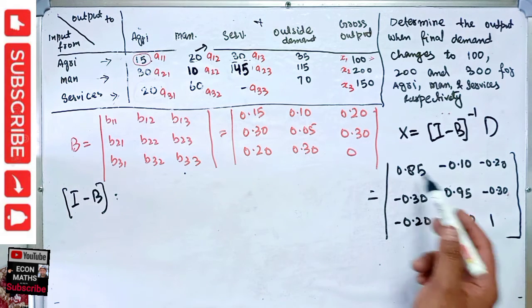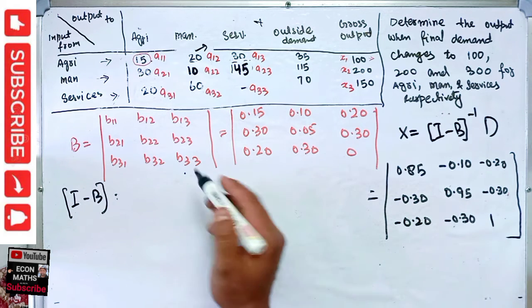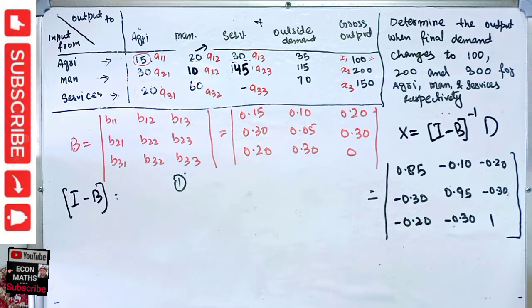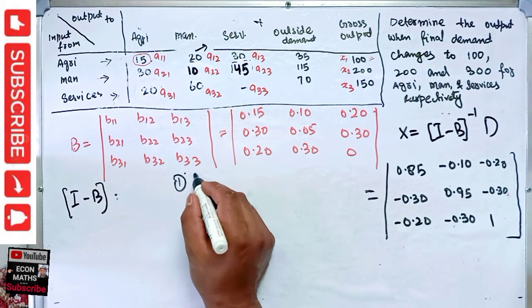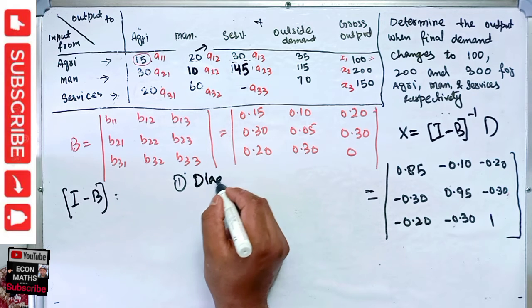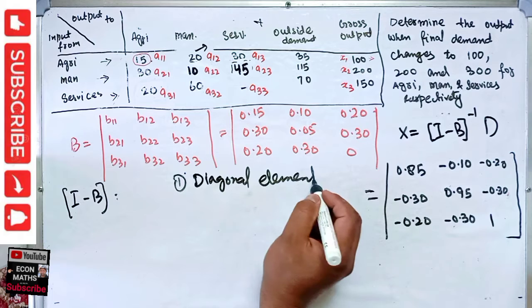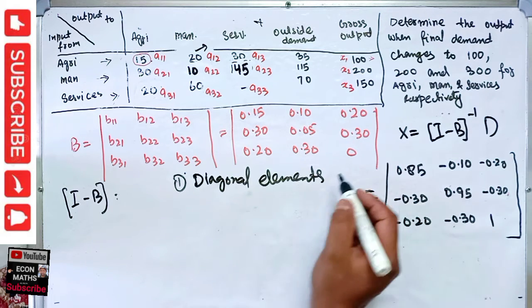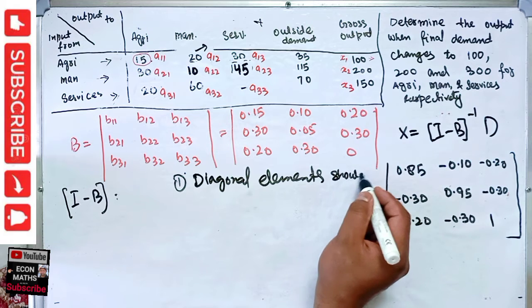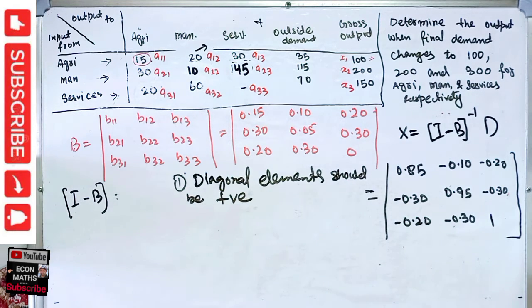Here we can see 0.85, 0.95, 1, these are all positive. So the principal diagonal elements should be positive. This is the first condition for a feasible solution.